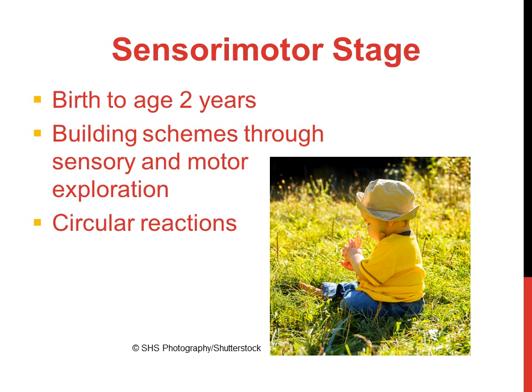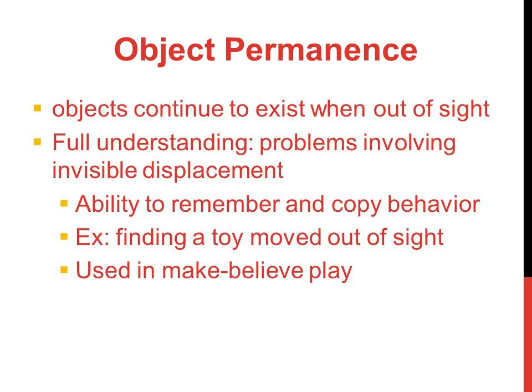That's going to become an intentional behavior that she does on purpose because it produces that pleasurable response, okay? So children initially explore these things, they uncover these behaviors by accident, and then they become increasingly more and more purposeful and intentional. Okay, so object permanence, this is the major accomplishment within this particular stage of development.